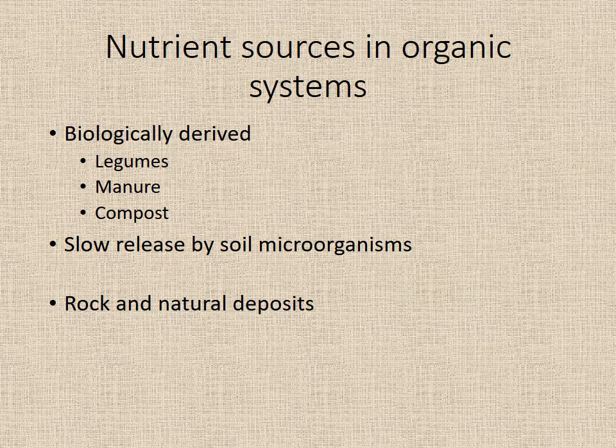For major crop nutrients, particularly nitrogen, the sources are generally biological. Farmers are using legumes in the rotation because, as we've learned, legume plants partner with symbiotic rhizobium bacteria in the soil to fix atmospheric nitrogen into plant-available forms.